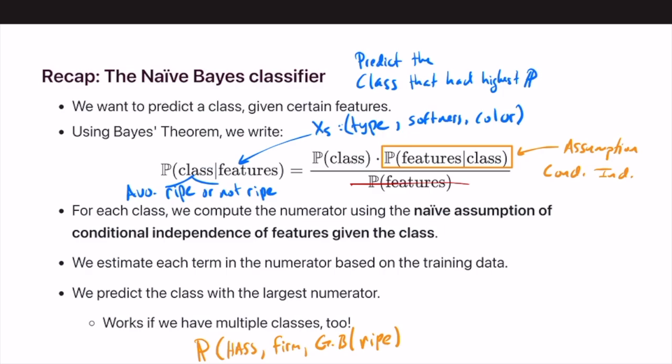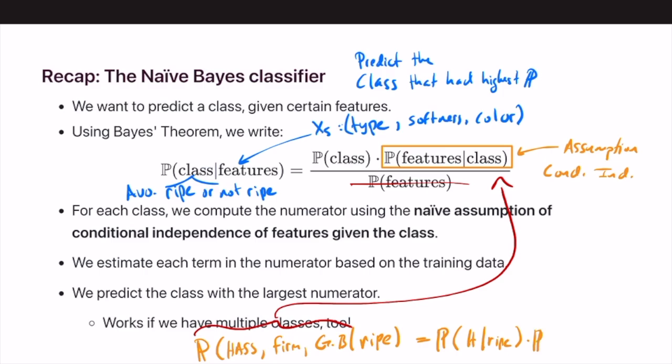And this was in our numerator, and we were able to expand this out to consider each of these being conditionally independent. So remember, that would have been the probability of Haas given ripe times the probability of firm given ripe times the probability of green black given ripe. All right, so that's basically what we focused on in last class.